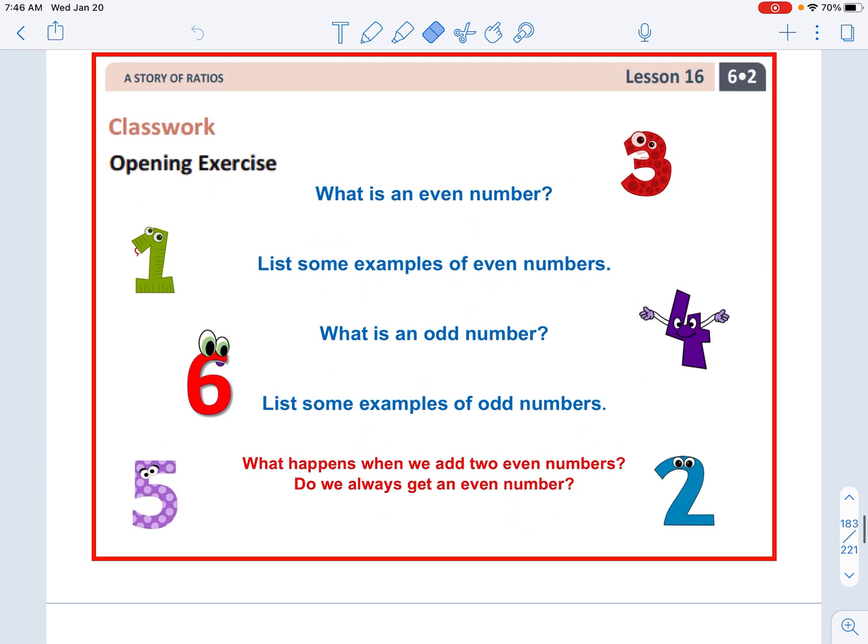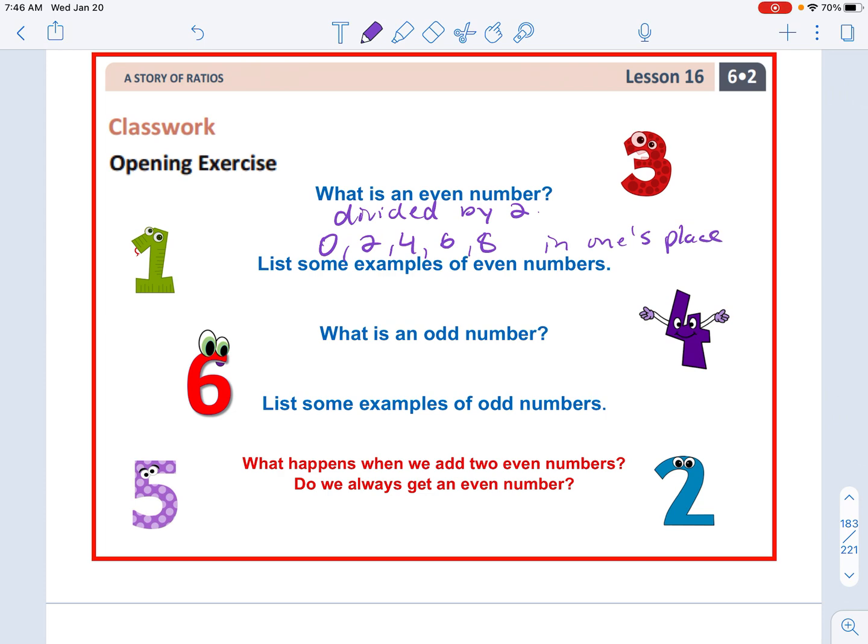So an opening exercise says, what is an even number? Okay, I don't want an example. I want a description of an even number. So an even number can be divided by 2, and it will have 0, 2, 4, 6, and 8 always in the ones place.